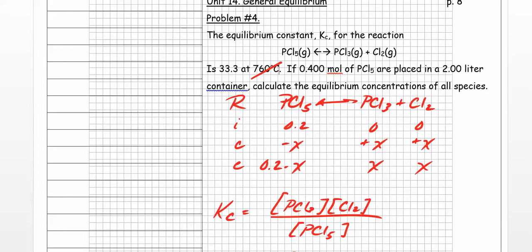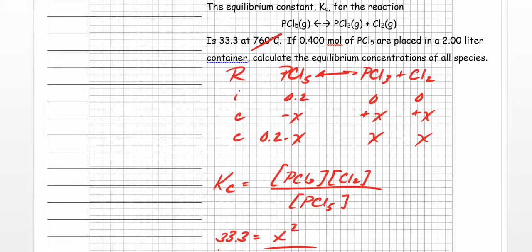So it's just minus x on this side, plus x over here, and plus x over here. And that gives us the C line. To get the E line, we just add up the initial plus the change. 0.2 minus x is 0.2 minus x, 0 plus x is x, 0 plus x is x. And we now have our ICE table and we're ready to write our equilibrium expression.